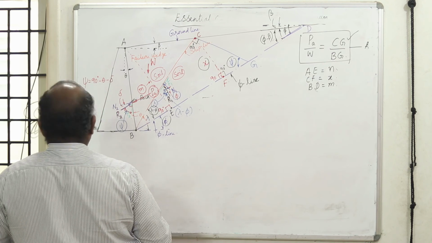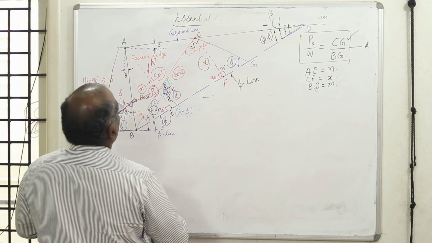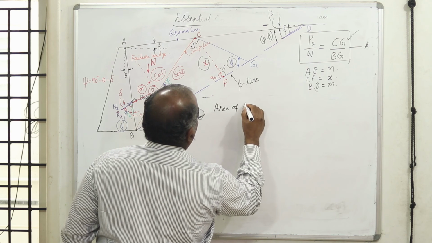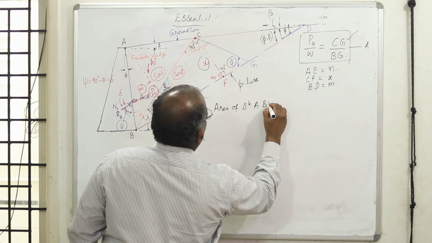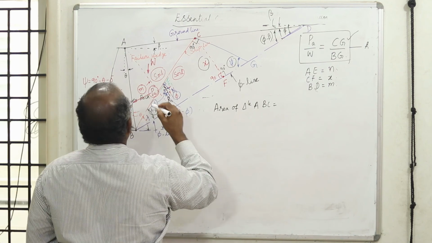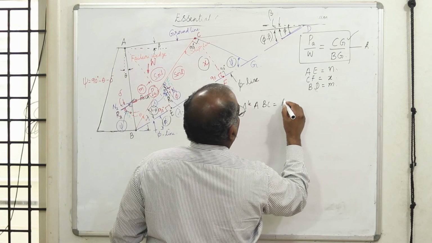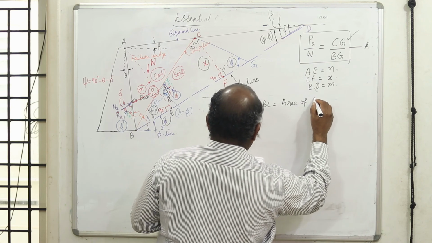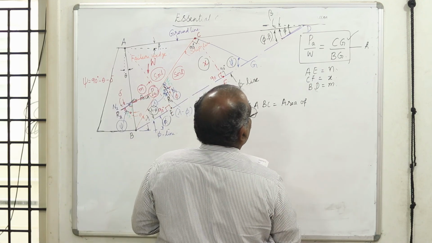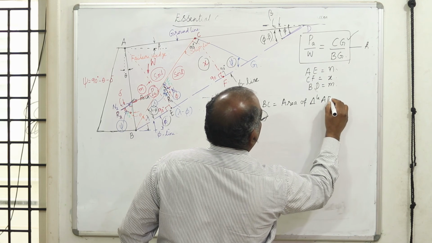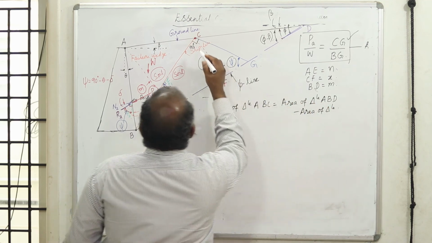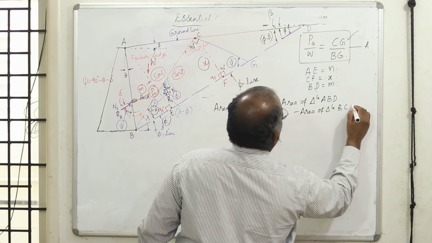Now let us consider this triangle ABC. Area of triangle ABC is equal to the total area of this triangle ABD minus area of this triangle, if I subtract, ABCD.